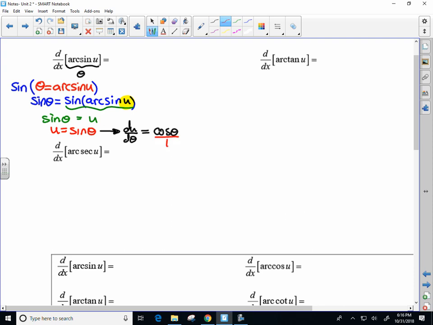First, I'm going to write that cosine over a 1, and then take the reciprocal, and that's going to give me d theta du equals 1 over the cosine of theta. Now you could write that as secant, but let's not for now. You'll see where it's going in a minute.